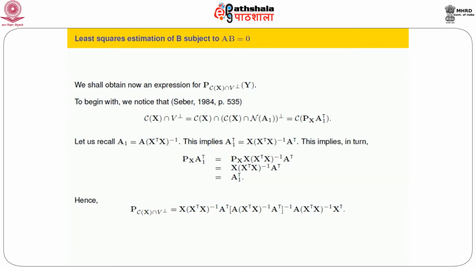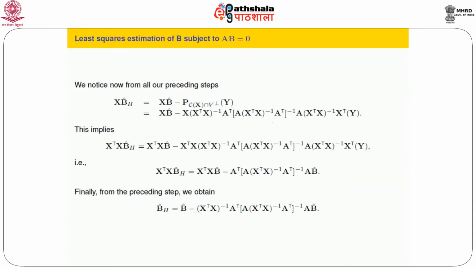So we have this A1 transpose, and A1 is this, x transpose x inverse, etc. So this is the expression. What do we get now? From the preceding step, theta hat h is x b hat minus this. So x b hat h is x b hat minus this. We have obtained now an expression for this.